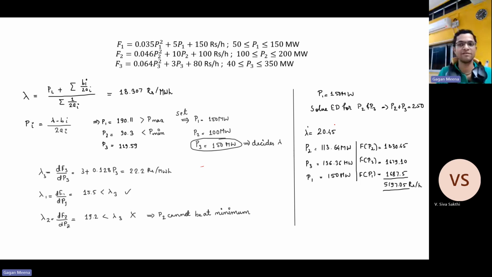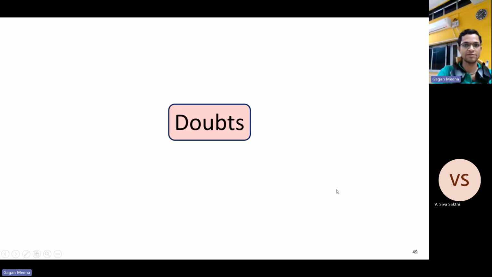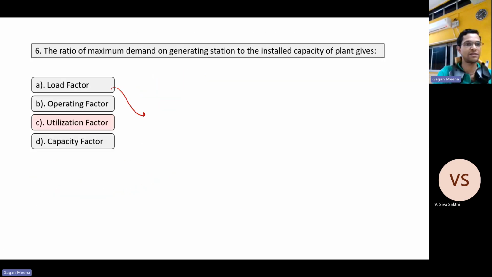Then if we solve, we get lambda is 20.45, P2 is 113.64 and P3 is 136.36. Both are within their limits. And we can calculate the total cost, which comes out to be 5197.05.